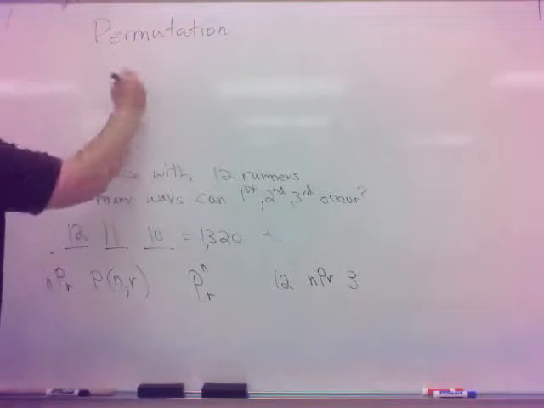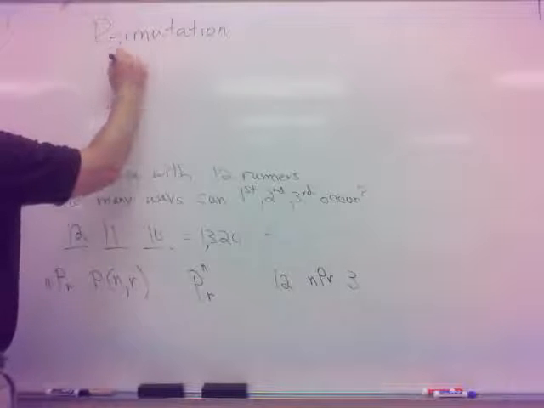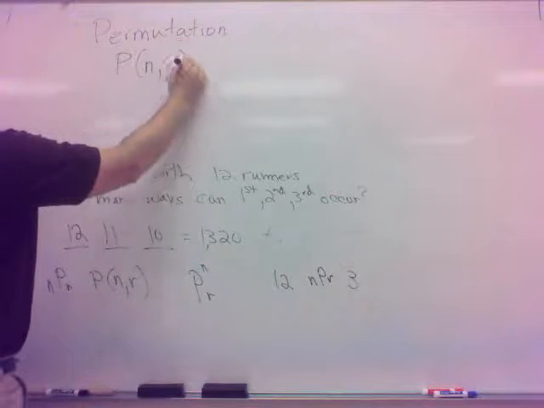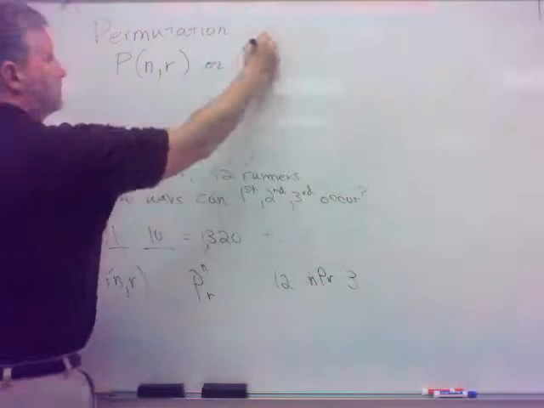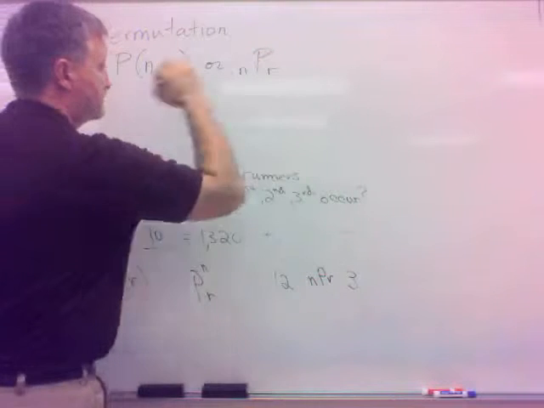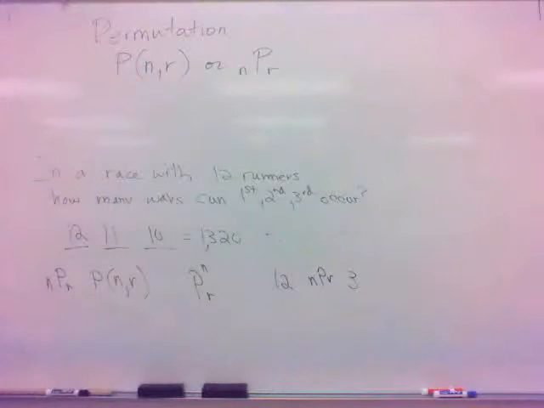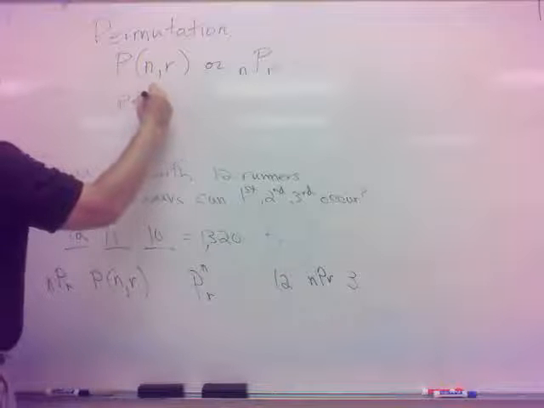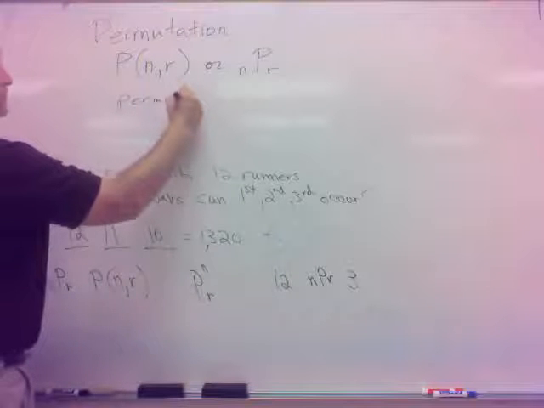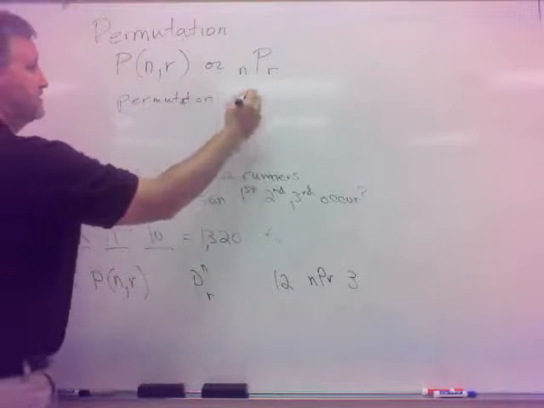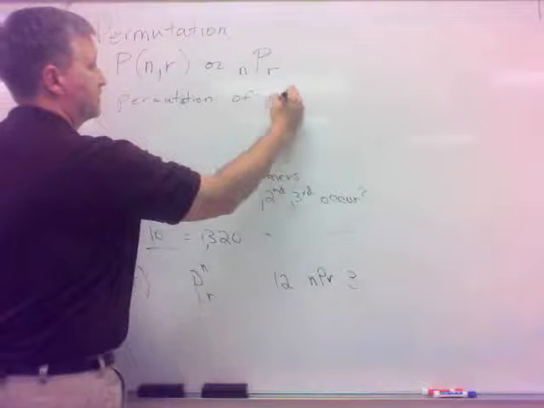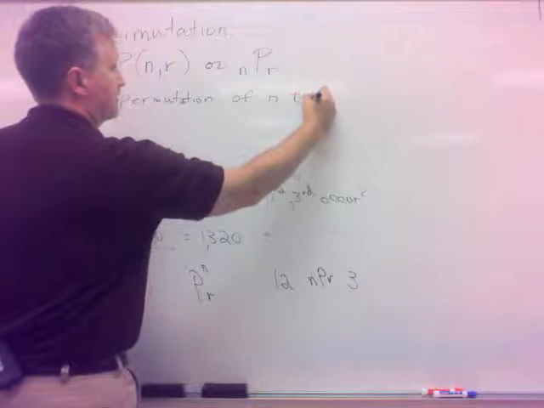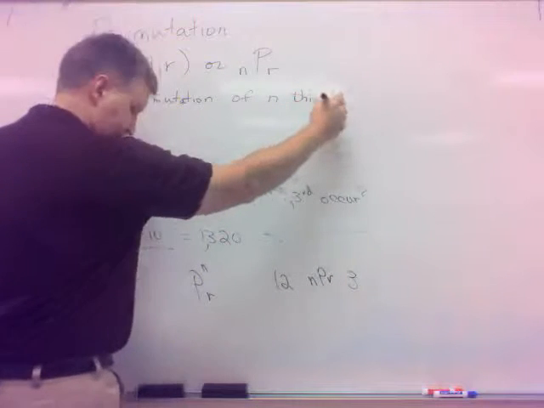So P, N, R, or NPR, as most calculators show it these days, means a permutation of N things taken R at a time.